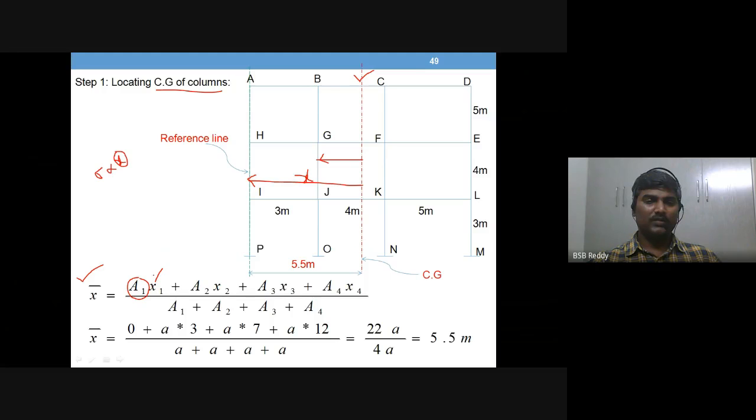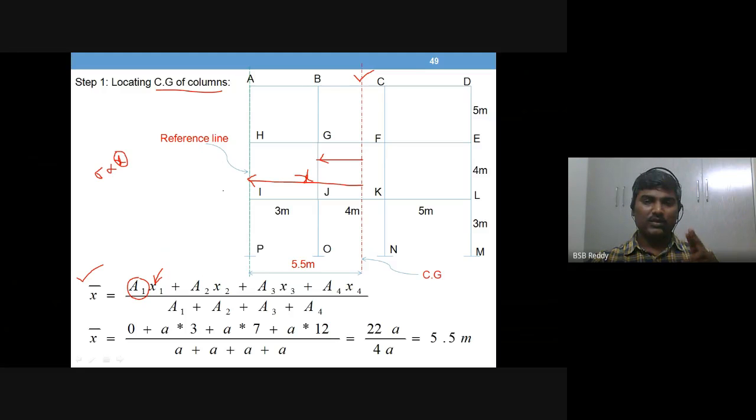You remember from mechanics that to calculate the x bar or y bar value, you need a reference line. First you choose a reference line, then you work out the x bar and y bar value. That will give you the location of the CG.